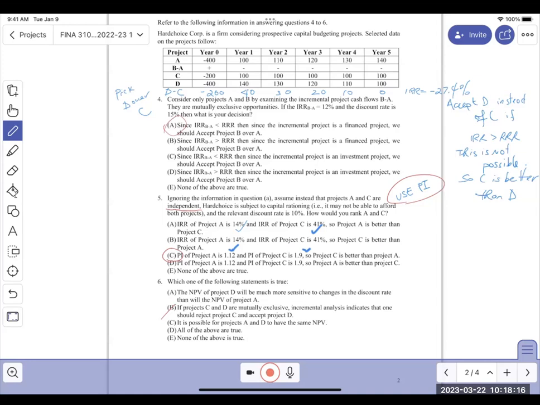Okay, so this is a different question. So looking at A and D now, is it possible for A and D to have the same NPV? In other words, do they cross? That's what it's asking.